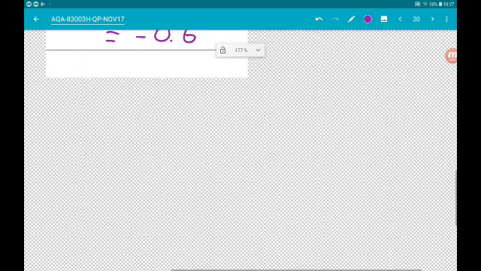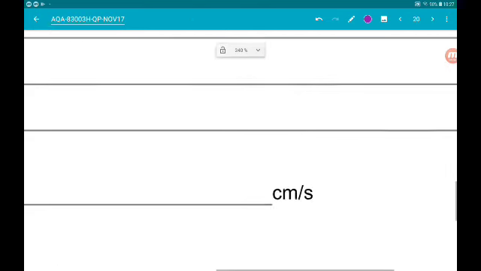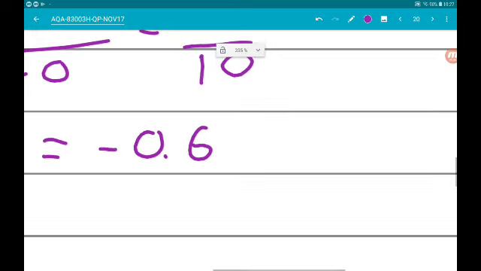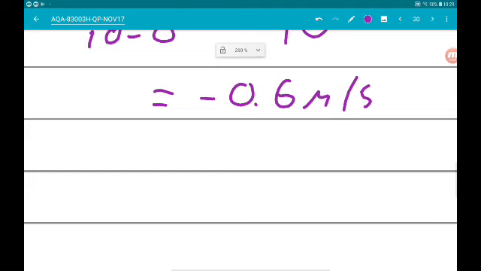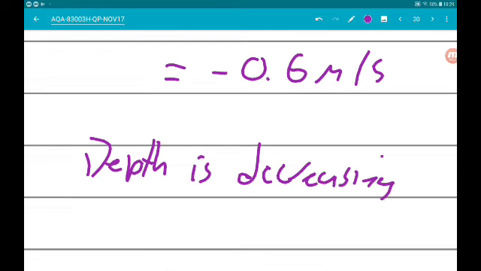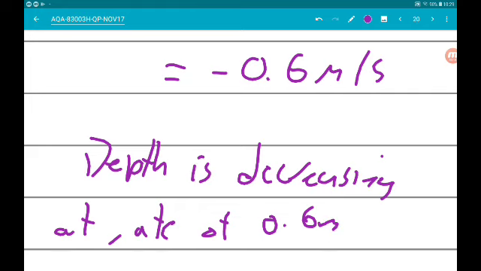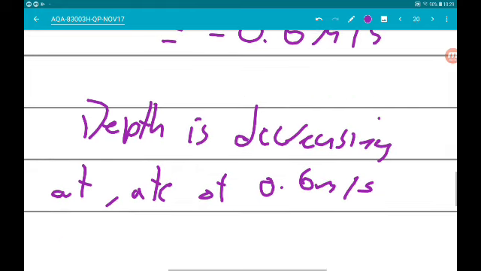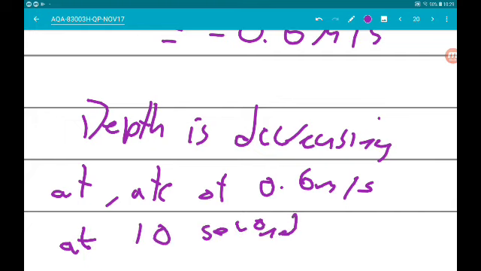Do they give us the units in the answer? They do. It's meters per second. Cool. So what this means then is that the depth is decreasing at a rate of 0.6 meters per second at 10 seconds. Cool.